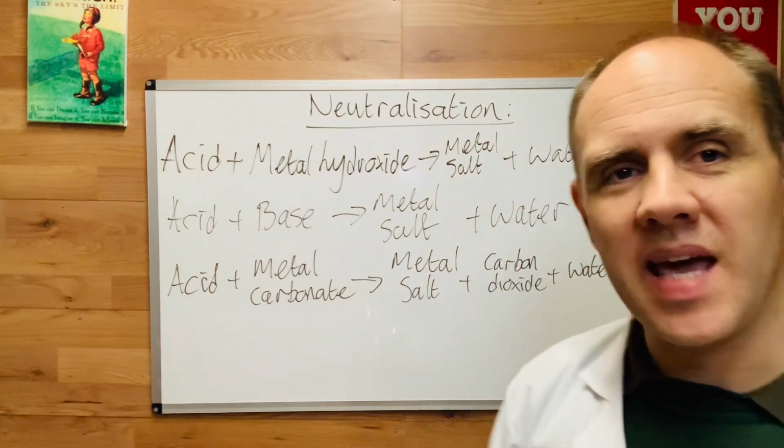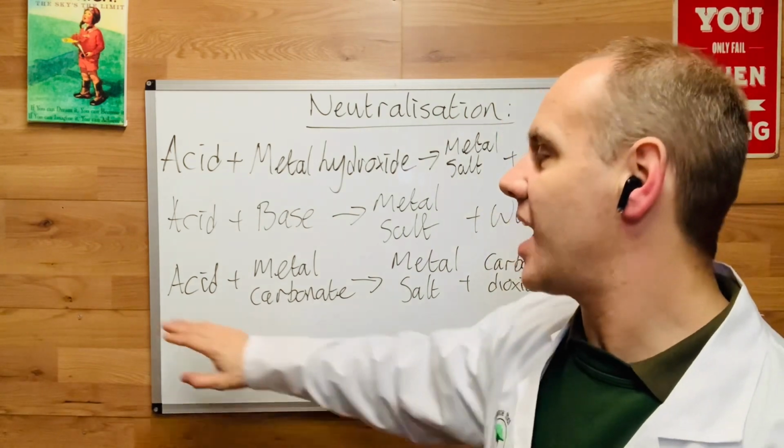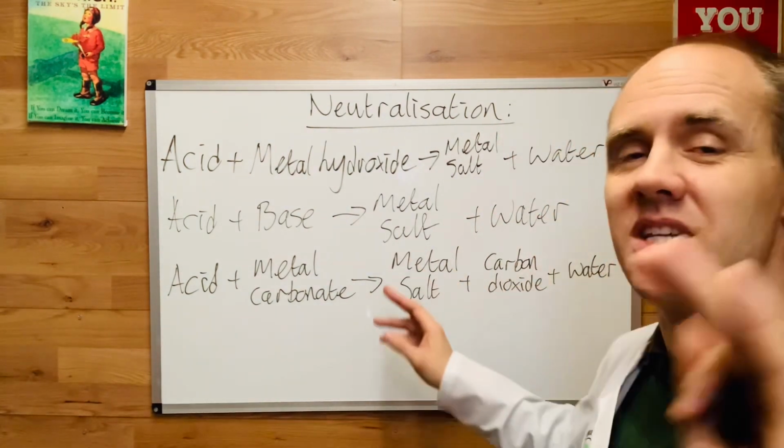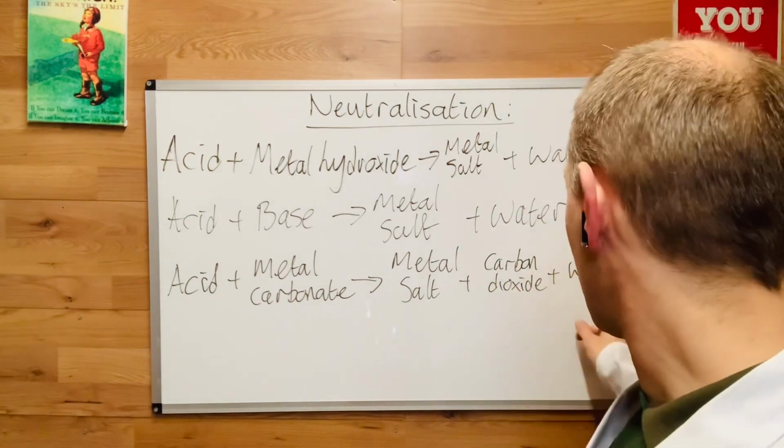Now, if we've got a metal carbonate, like magnesium carbonate, and we react it with sulfuric acid, we will get magnesium sulfate once again. We get carbon dioxide, and we get water.